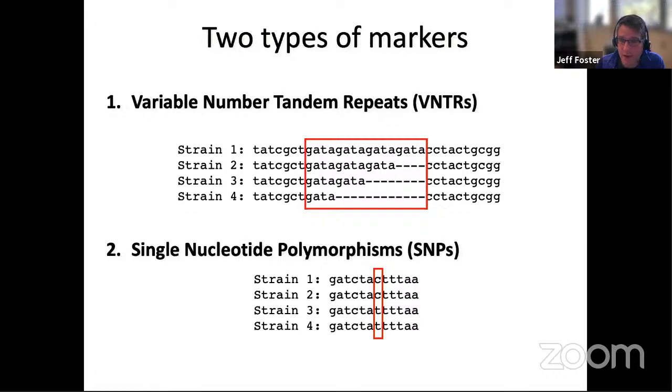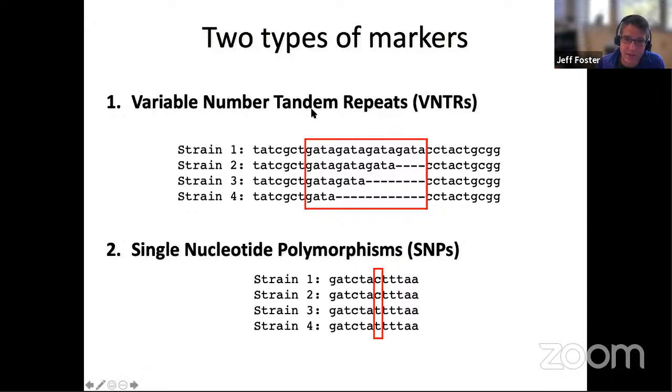And so say the most commonly used analysis uses 16 loci, so 16 regions of the genome, each with a different arrangement of repeats. And some of those strains are going to be identical across all 16 loci that we have, suggesting that they're very closely related to each other. And the more repeats that are different, or the more alleles that are different, the more diverged 2 strains are.